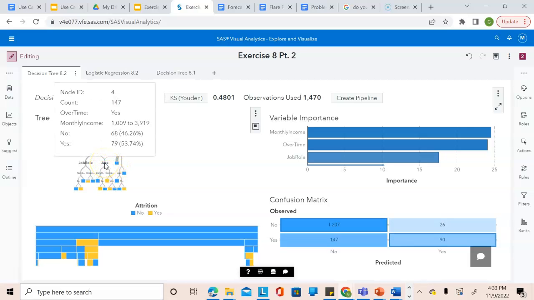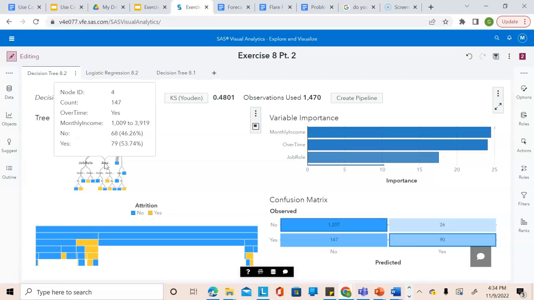We can then look at age to see if this is a good predictor of attrition, along with monthly income. Overtime is set at yes, monthly income of 1,009 to 3,919. So does this have an impact?